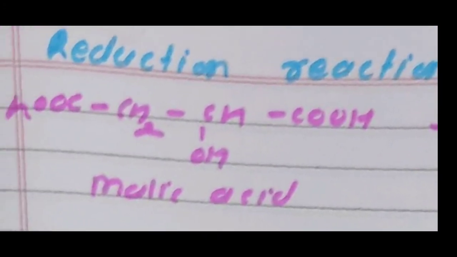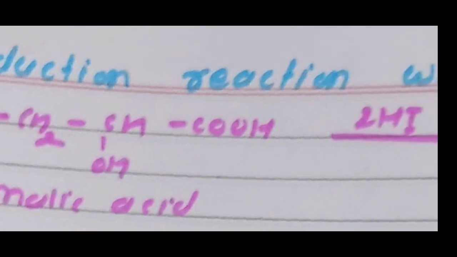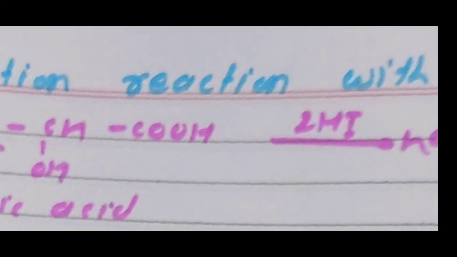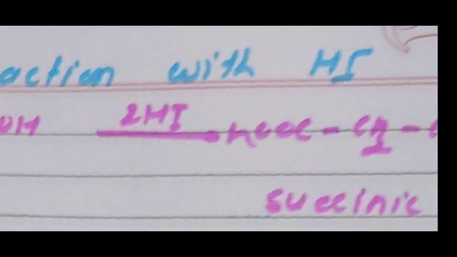CH2, COOH, CH2, CHOH, COOH, this is malic acid. Here two molecules of HI are required, forming succinic acid, COOH, CH2, CH2, COOH. This is succinic acid. These three are the chemical reactions of malic acid.